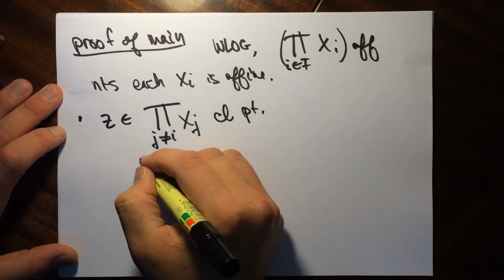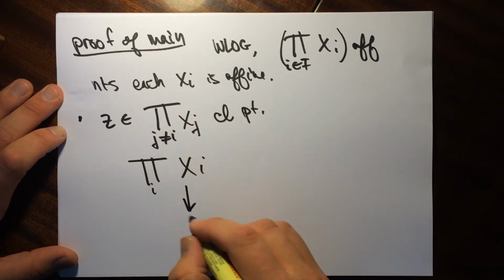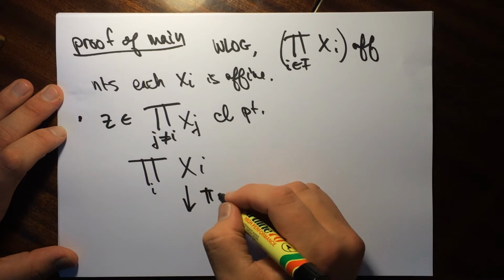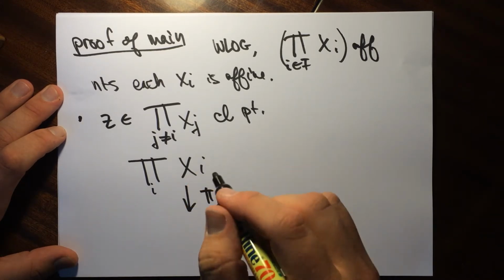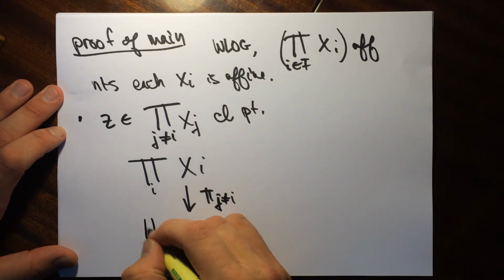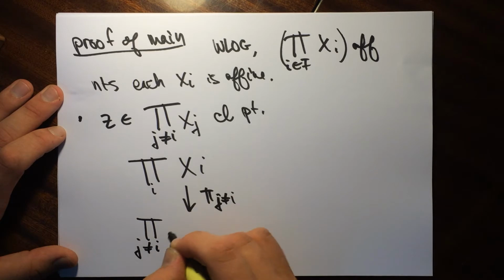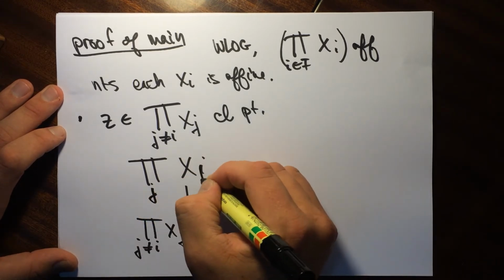And now I'm going to do the diagram. Then we have this projection onto the part where j is not equal to i, and let's say all the j's.